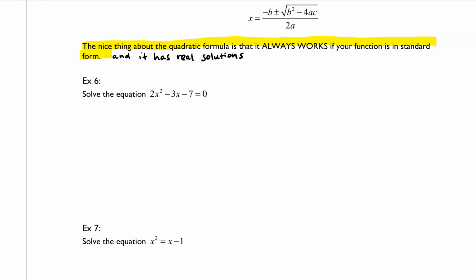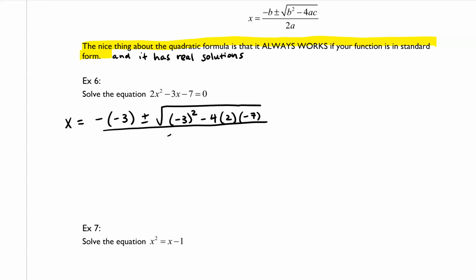However, we are able to always use the quadratic formula. So our values are going to end up being x equals negative b, so our b value is negative 3, plus or minus the square root of negative 3 squared minus 4 times 2, and then our c value is negative 7, and that is all over 2 times our a value, which is 2.